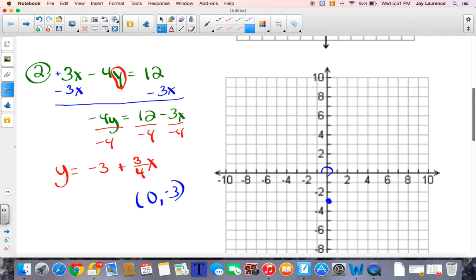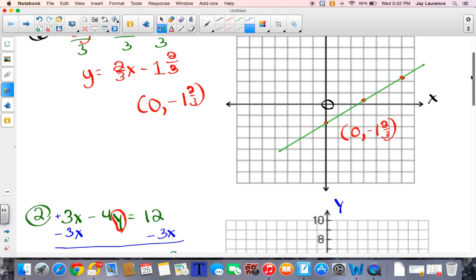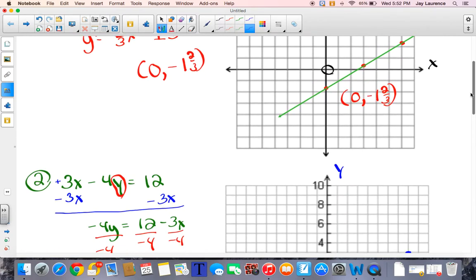I should put the origin, x-axis, and y-axis on the graph. And then I'm going to rise 3, 1, 2, 3, and run 4 right there. And remember, my slope was positive 3/4, and this line is going up to the right. Previous problem, the slope was positive, it's going up to the right.